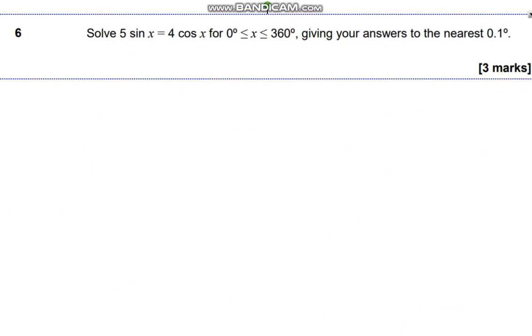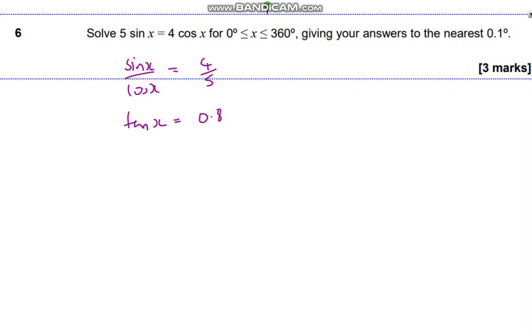Okay, looking at 6 now. Again, very similar to an earlier question. We just divide by the cos theta, and divide by the 5. So this will be the same thing as having sin x over cos x is equal to 4 over 5, and so that's the same equation as tan x is equal to 0.8.